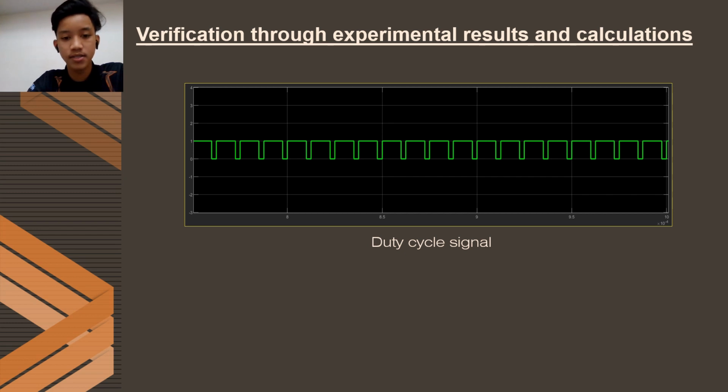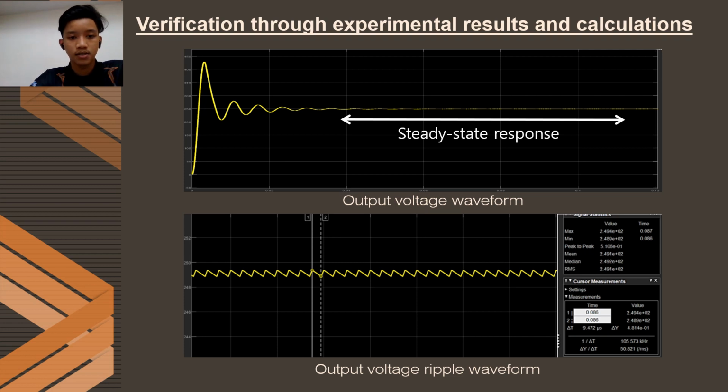Now this is the simulation part for the duty cycle signal, which we get from the pulse generator. This is the simulation for the voltage, where we can see the underdamped response, and for the output voltage we get the steady state response, where we can see the output voltage waveform.